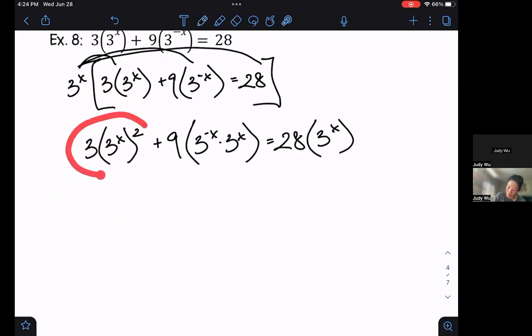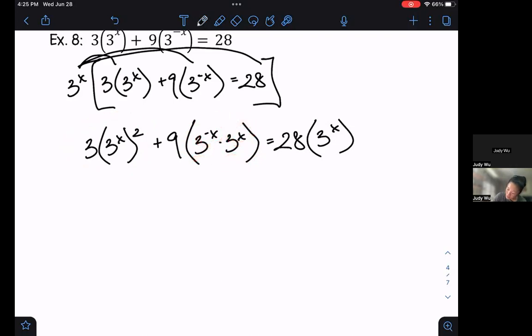Now, I think we might understand why this has the 3x squared, but I want to talk about this term for a moment. When we are multiplying exponentials, it means we take the exponents and we add them, as long as they have the same base. So what we get here is 3 to the negative x plus x.